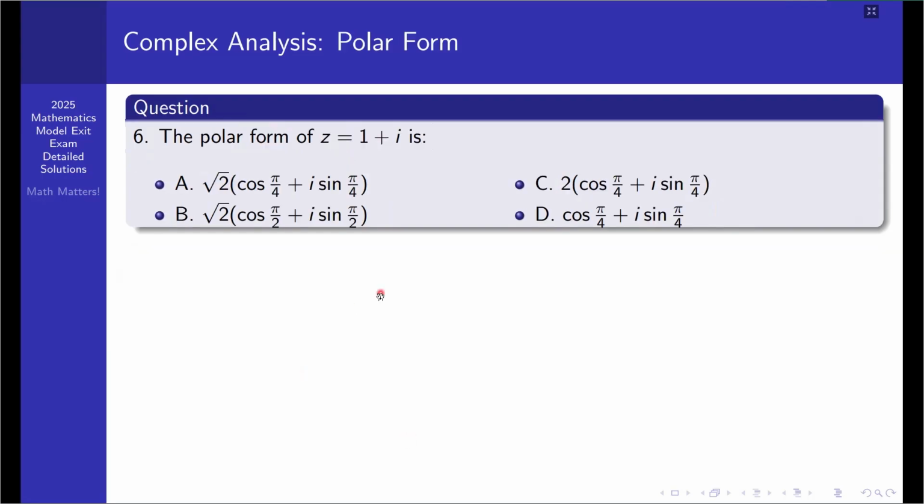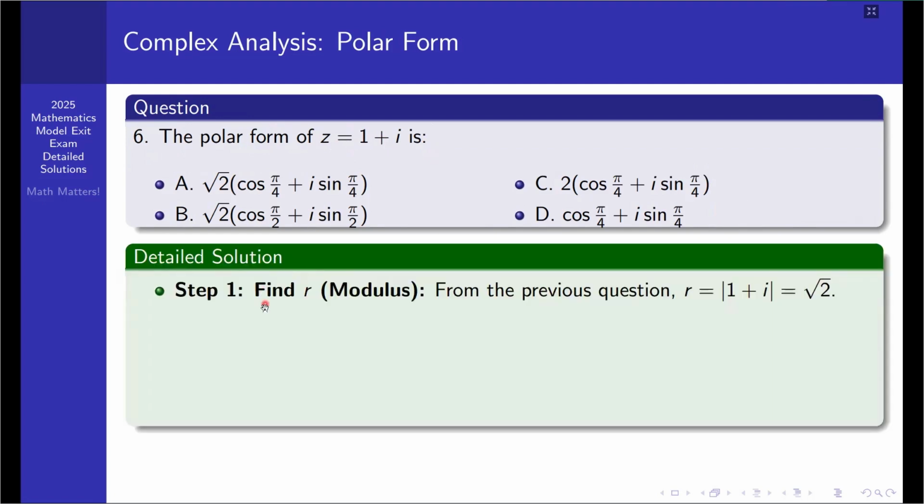Question number 6. The polar form of z equal to 1 plus i is. We know that in order to find the polar form of the given complex number, we have to take r, which is the modulus of the given complex number, and its argument. We have r equal to the modulus of 1 plus i, which is radical 2, that is the square root of 1 squared plus 1 squared.